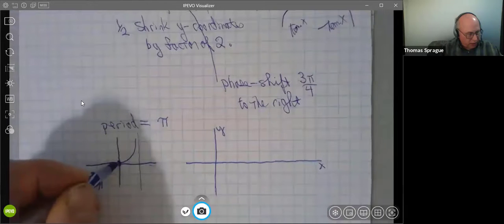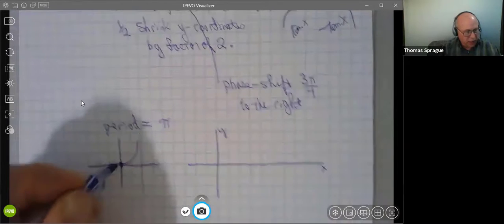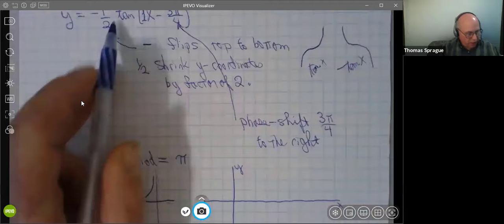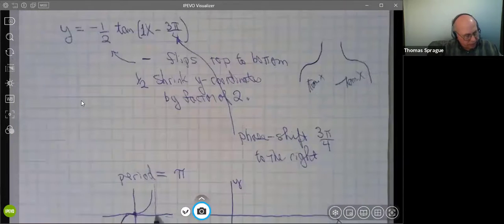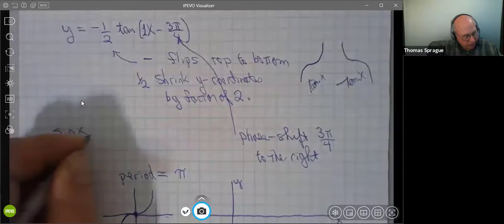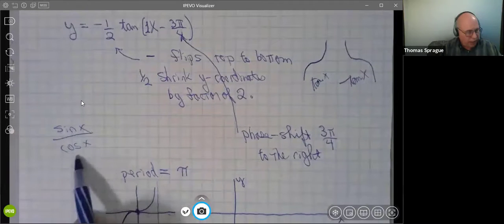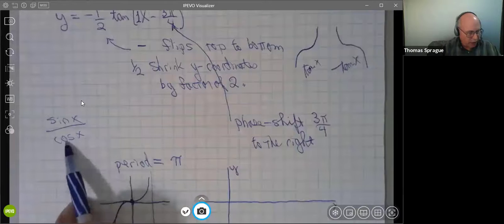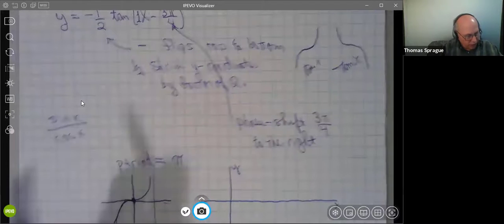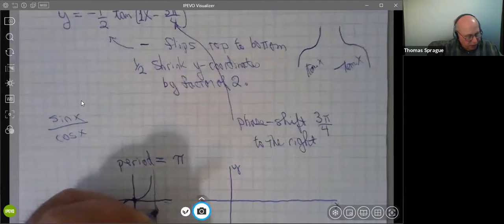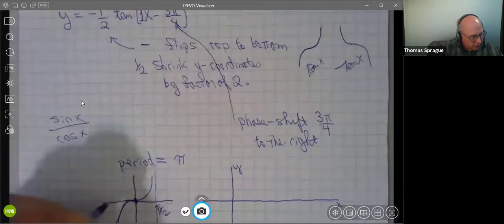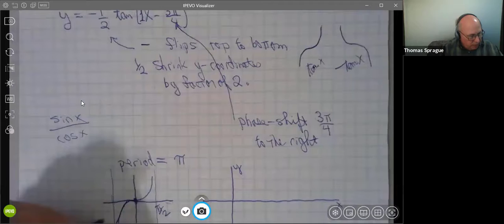The tangent is sine over cosine. So you're going to have a vertical asymptote whenever that denominator is 0. The denominator is 0 when the cosine is 0. Cosine is 0 at pi over 2. So that is pi over 2. And this is minus pi over 2.